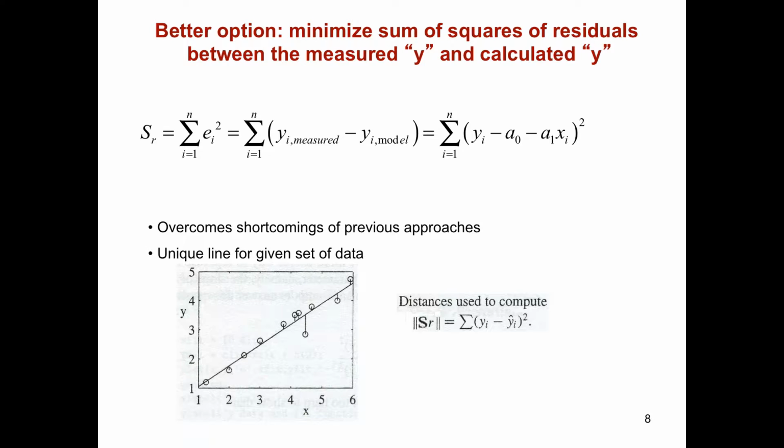I'm trying to minimize the difference between yi, which is the actual measurement, and the linear prediction, the linear model of it. And I don't know a0 and a1 right now. Yes? Does that center sum have a square on it? Yes, it does. Sorry, good job. Typo. There should be a square.